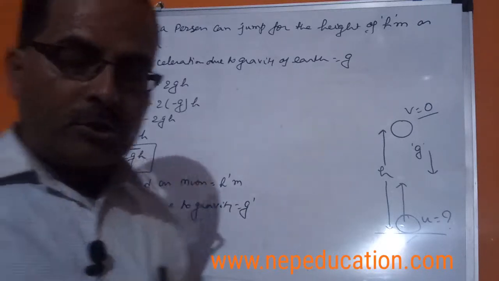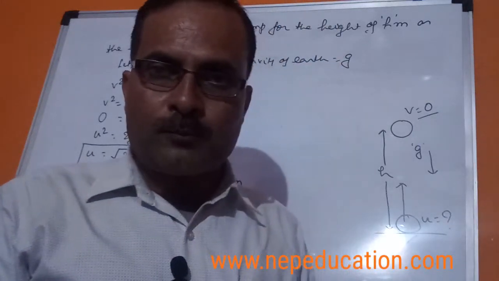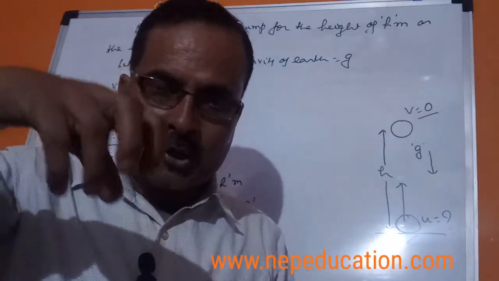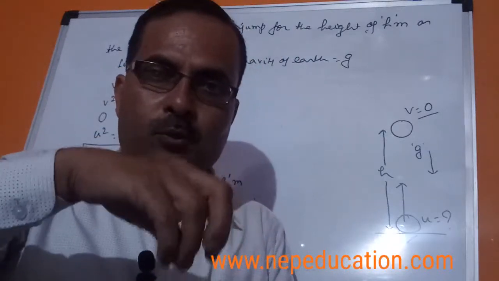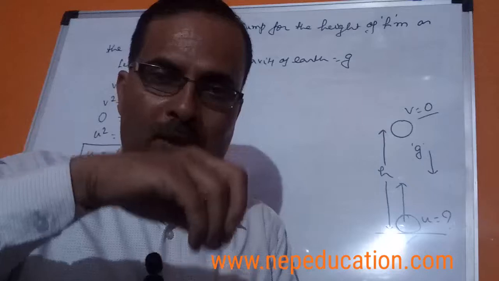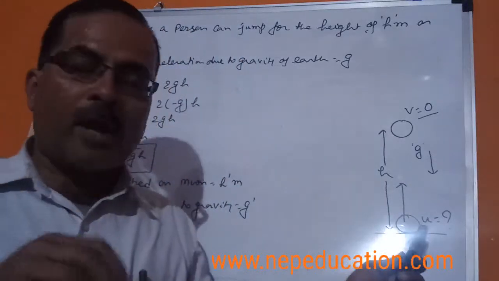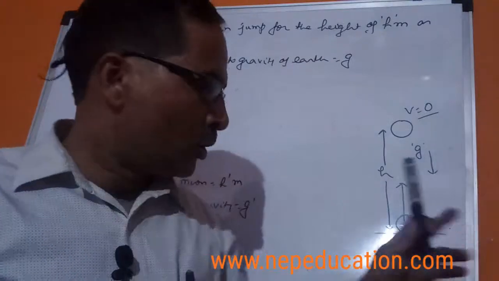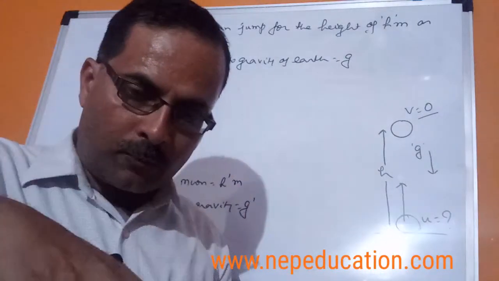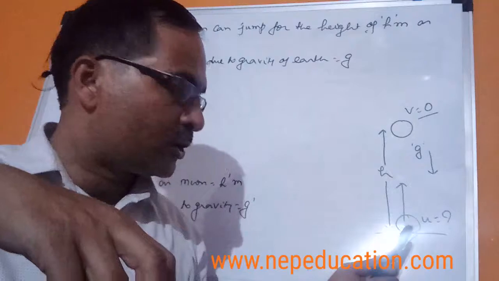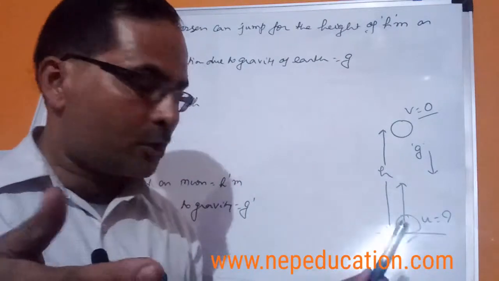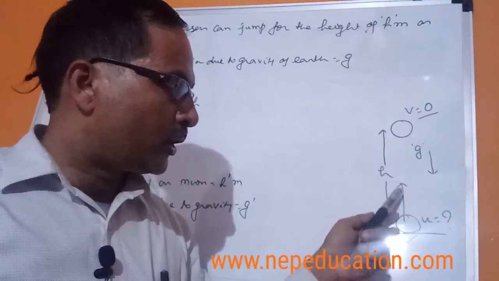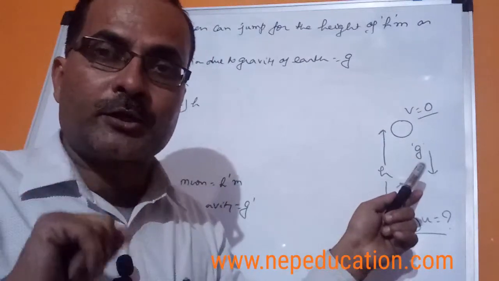But the initial velocity, because the person takes the jump, the force exerted by the person will remain the same anywhere. On the earth, on the moon, on Jupiter, the same effort applies, which means they gain the same initial velocity. Whatever change occurs is in the rate of retardation.